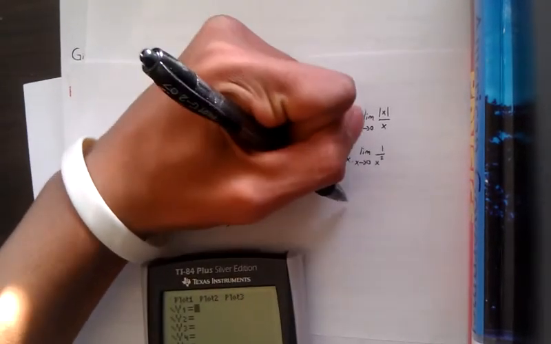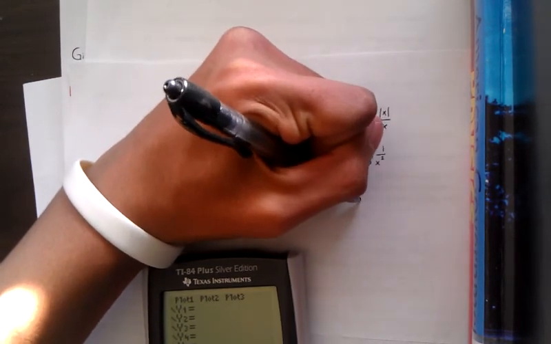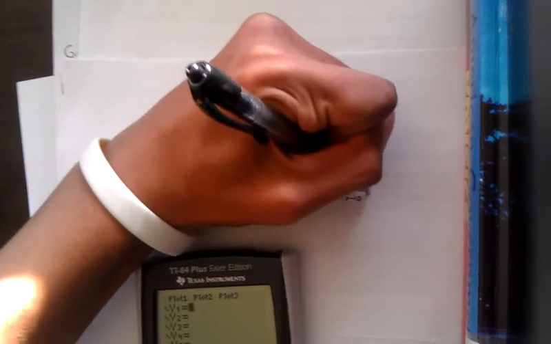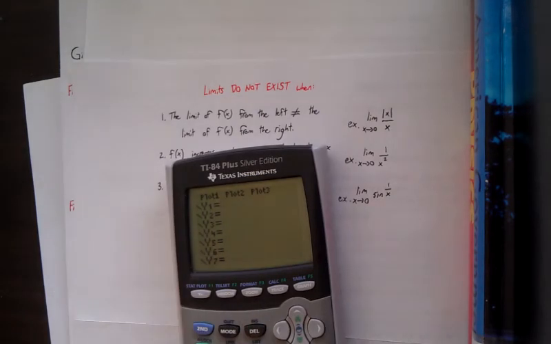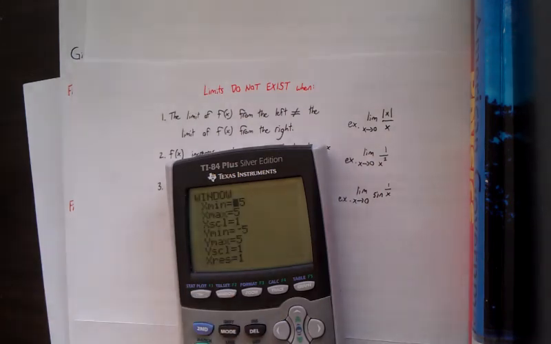This usually occurs with the trig functions, and an example of that graph would be the limit as x approaches 0 of sine of 1 over x. If you take a look at sine of 1 over x, let me zoom in.